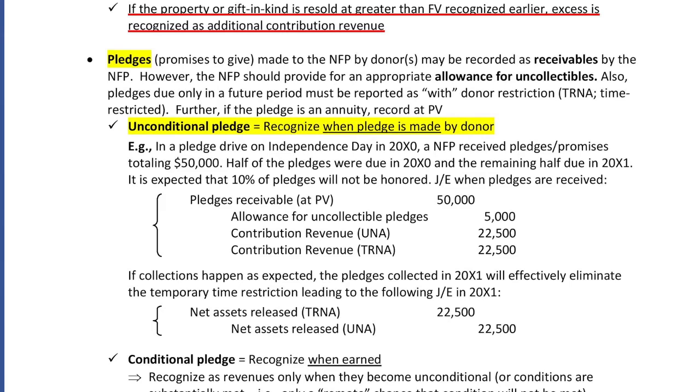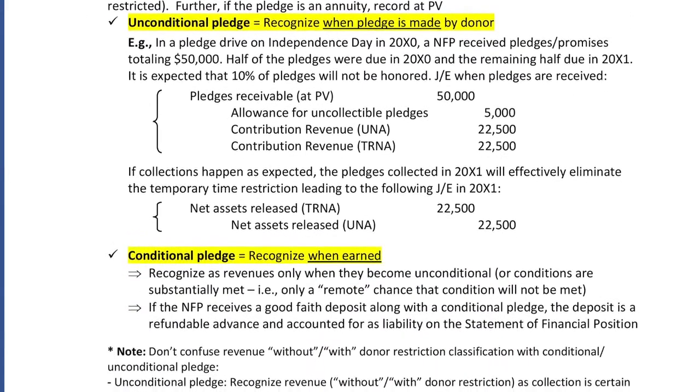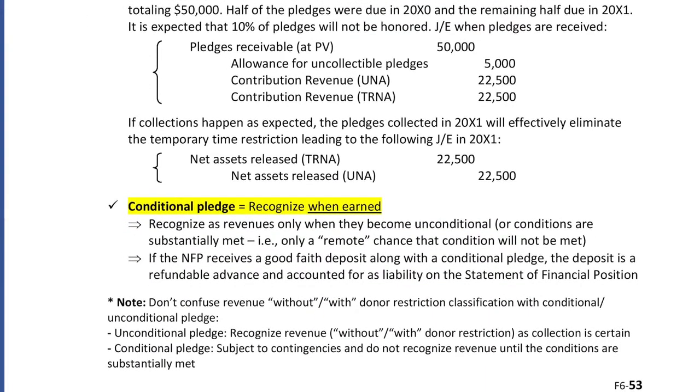The next sub-bullet, conditional pledge, recognize when earned. So basically, they're recognized as revenues only when they become unconditional or conditions are substantially met.